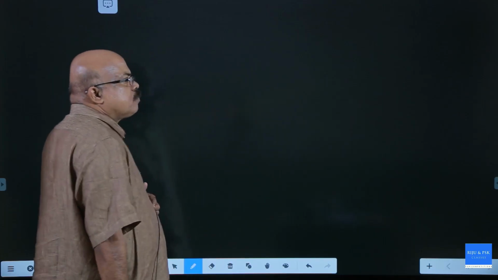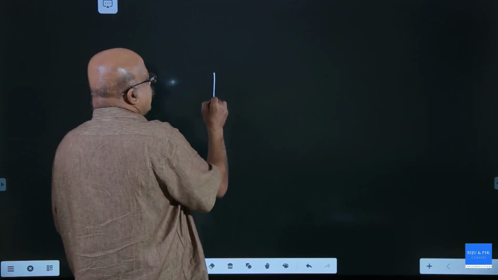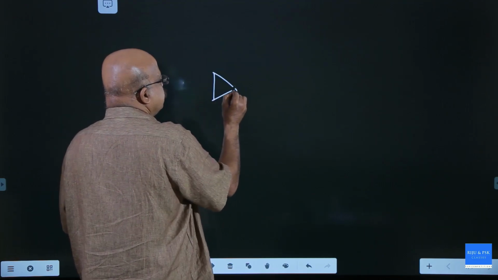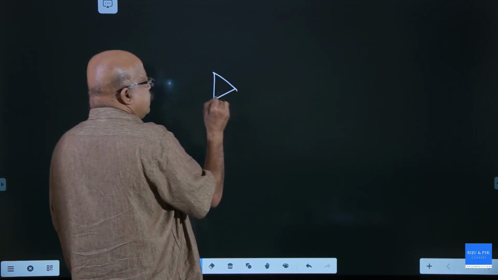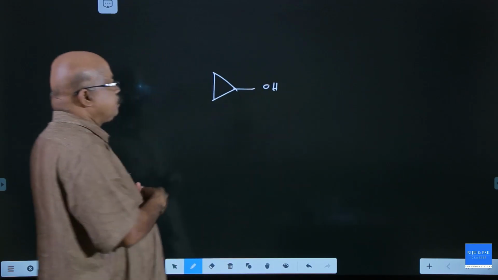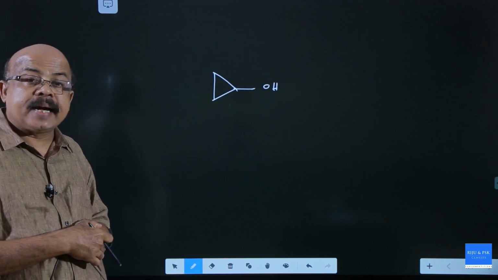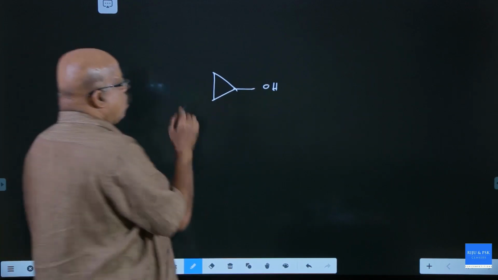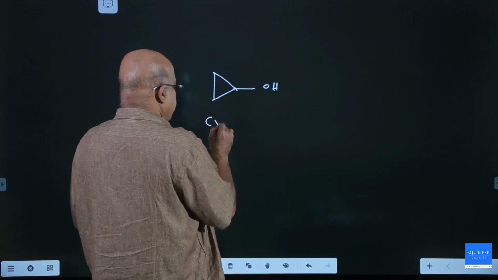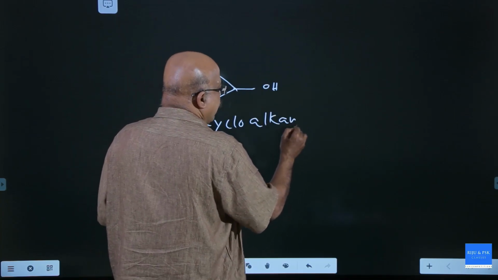If OH group is connected to cycloalkyl group, then the compound is called cycloalkanol.